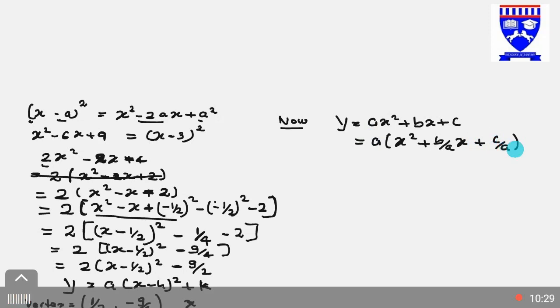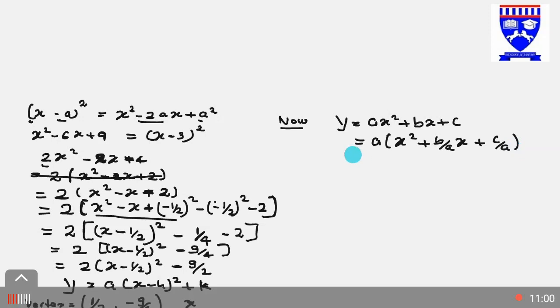Now the coefficient of x is b over a. Which number do you need in order to make it a squared form? You have to divide b by a by 2, so b over 2a, holding square.